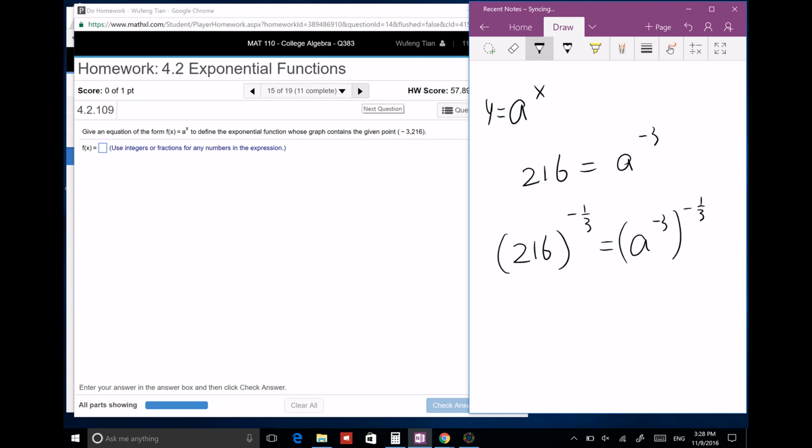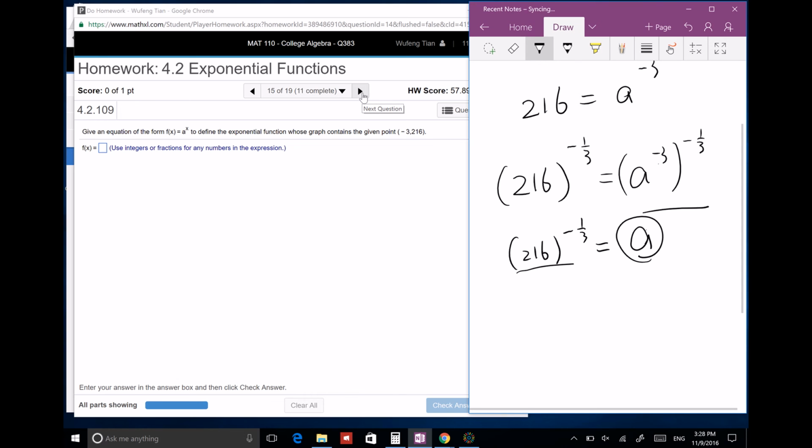Basically, why do I need to do this? Because you can raise both of them to the -1/3 power, right? But for this one, a good thing happened. What good thing happened? -3 and -1/3 cancel out, leaving just the a. This is what I'm looking for, right? So you find this one by calculator. You can get this is 6.